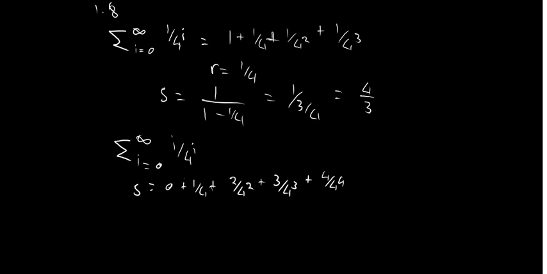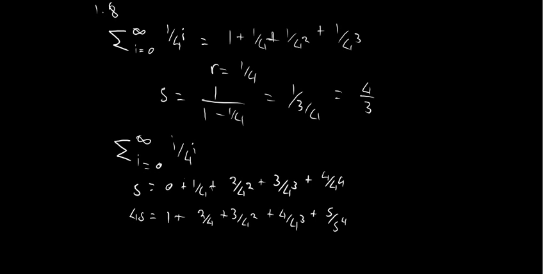Multiplying by the denominator, we have 4s equal to 1 plus 2 over 4 plus 3 over 4 squared plus 4 over 4 to the power 3 plus 5 over 4 to the power 4. The 0 term we can just leave out.